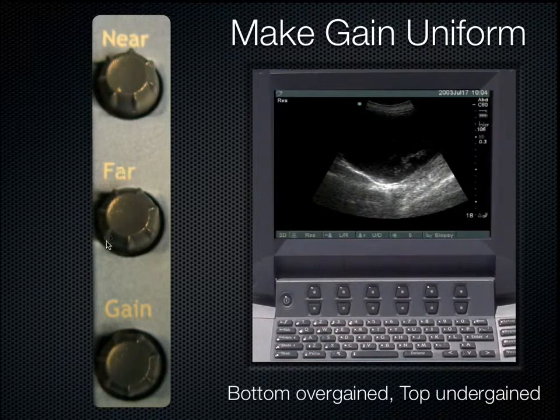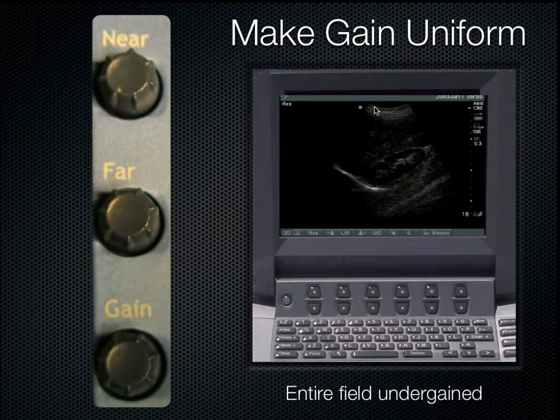So what I'm going to do is just turn down one of them. I'll choose the far gain, turn that down. And now the gain is definitely uniform from top to bottom. However, it's uniformly undergained. I can kind of make out the diaphragm here, and here's the kidney.